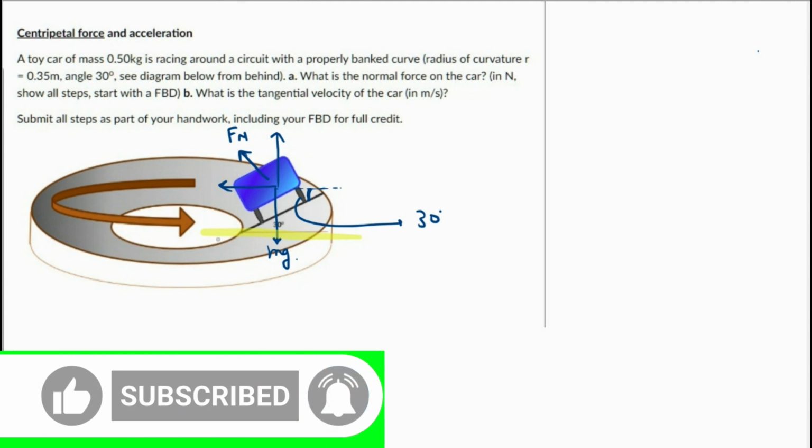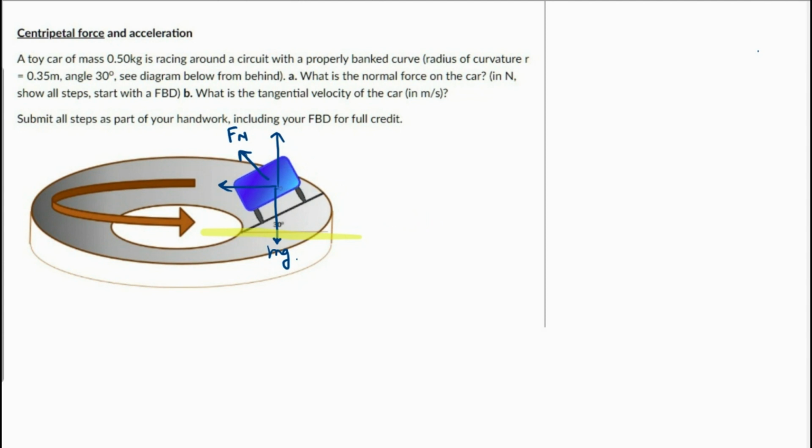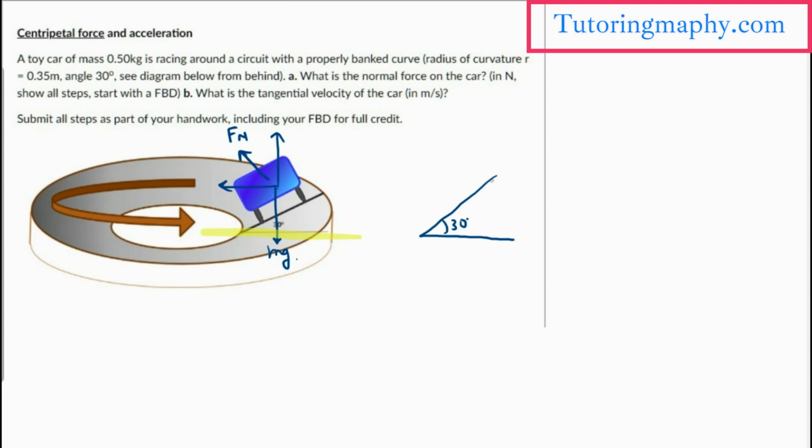Okay, so if this is 30, then by extension, I'm just going to draw it separately over here, so this will make a better understanding. This is 30 degrees. This is the normal reaction. Normal means that's going to be perpendicular to it.